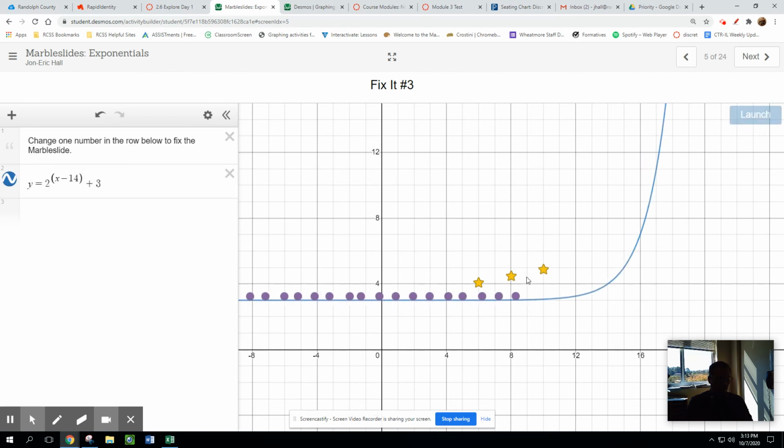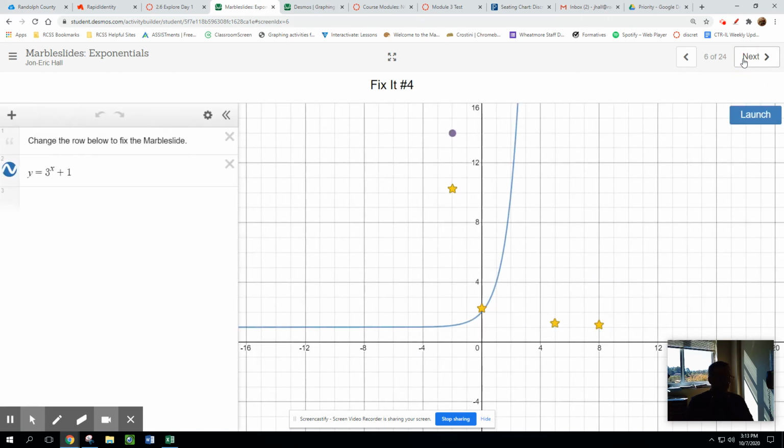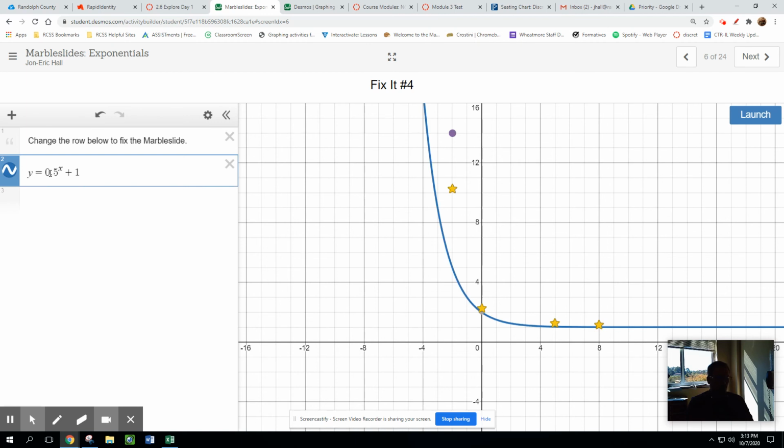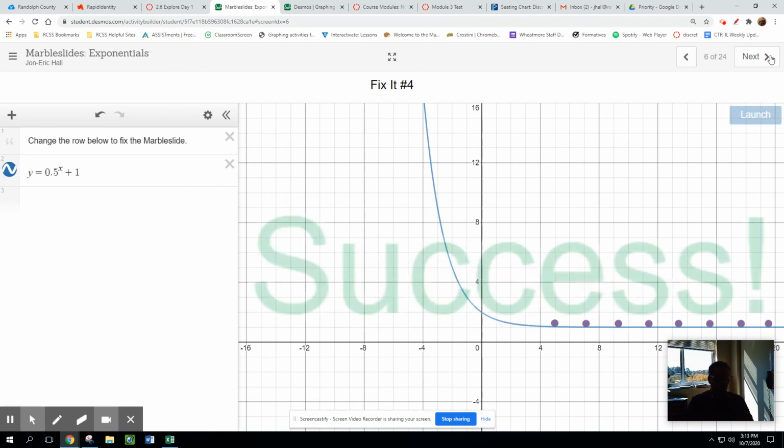Oh, I didn't get it. And just keep playing around with that. And again, playing around with this one, you can change these numbers to negatives or decimals. Okay, decimals, that's a good one. I got that really easily.